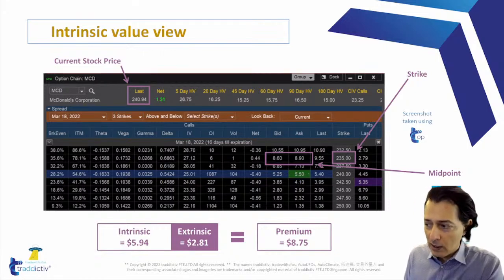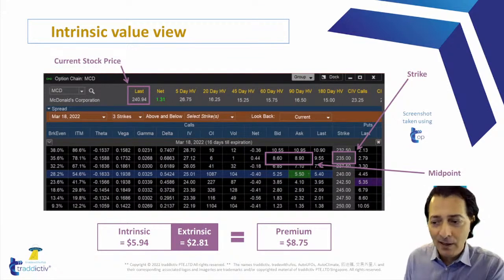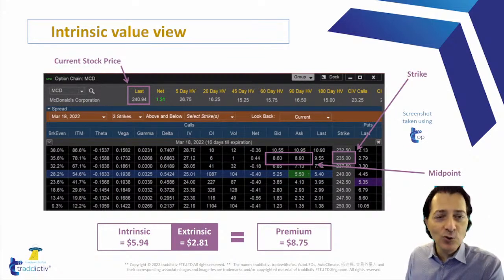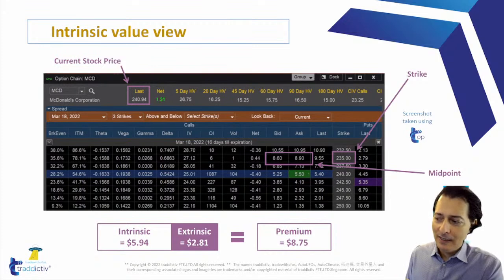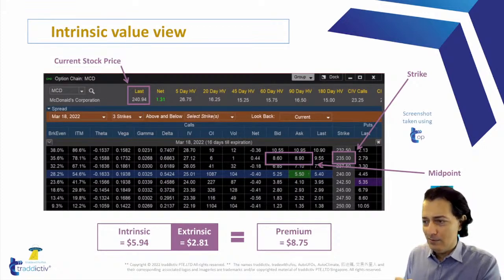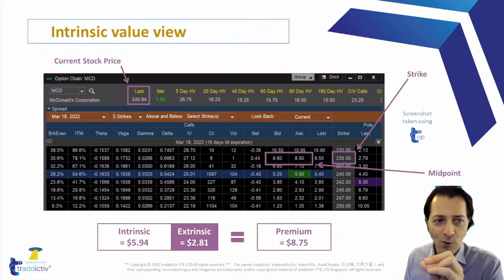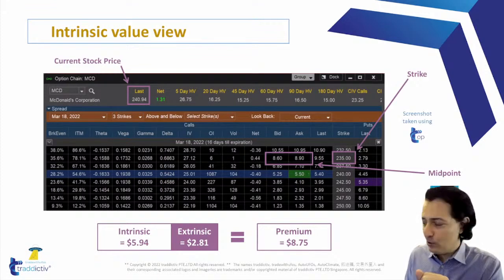Given the fact that the stock is trading at 240.94, if someone had gifted you the 235 call, please type in the chat box: would you be happy or unhappy? Would you be happy or unhappy if someone had given you that particular call, the 235 call, while the stock was trading at 240.94?